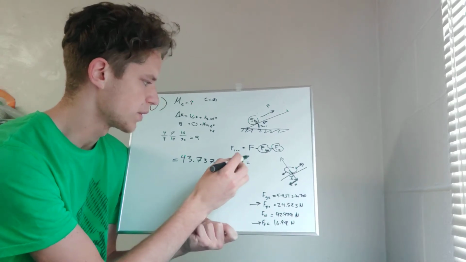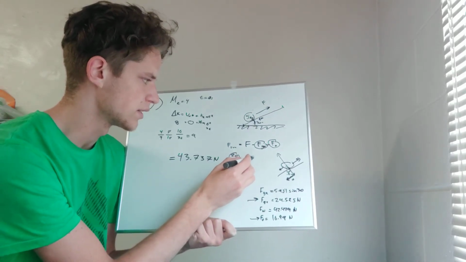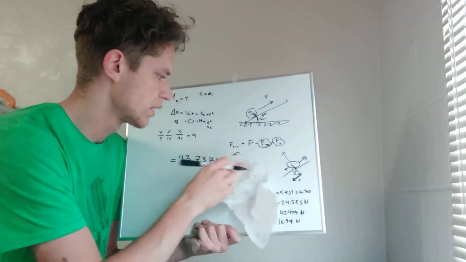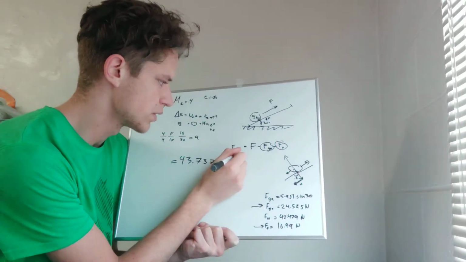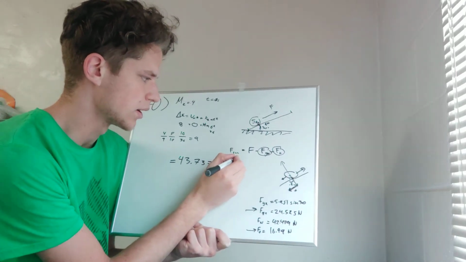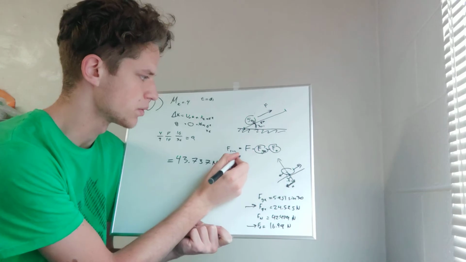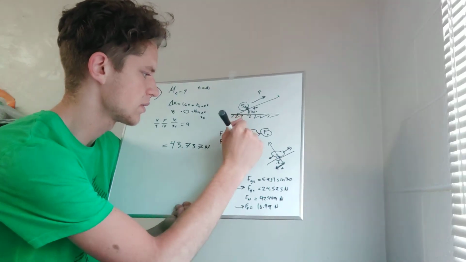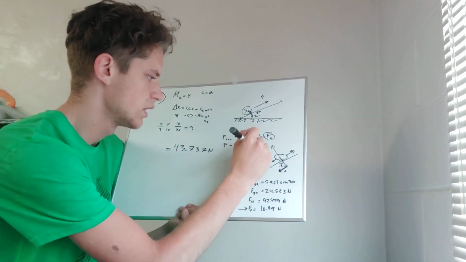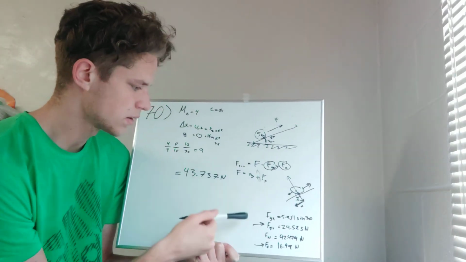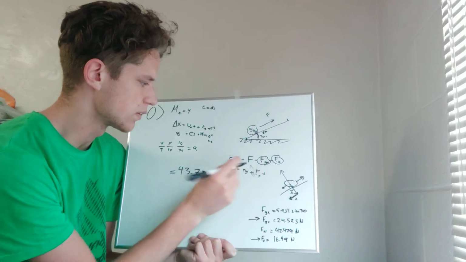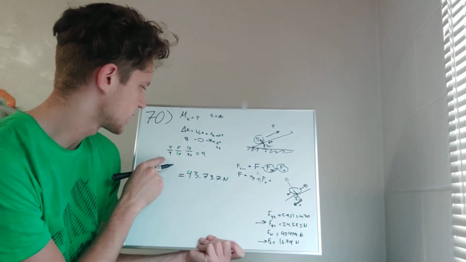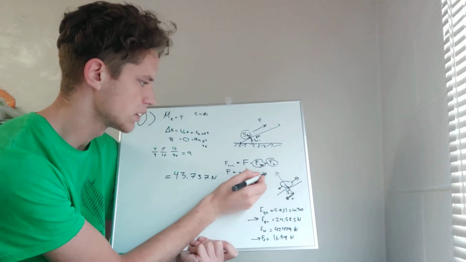So let me start over right here. If you add this to both sides, the force that you're trying to find equals the force of gravity in the x, plus the force of friction, plus the sum of the forces, which we already calculated to be 20 over 9, because this is the acceleration.